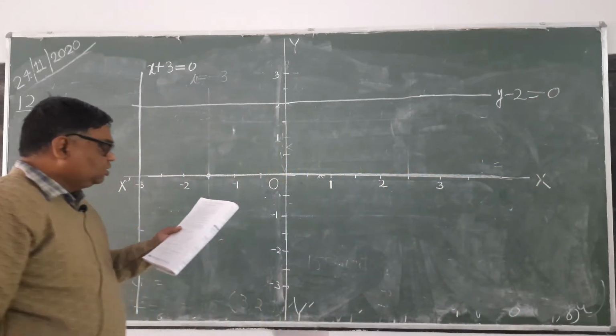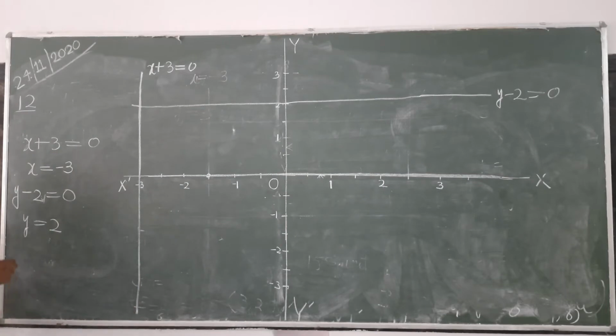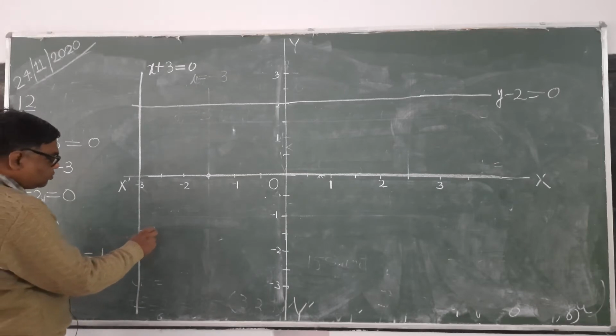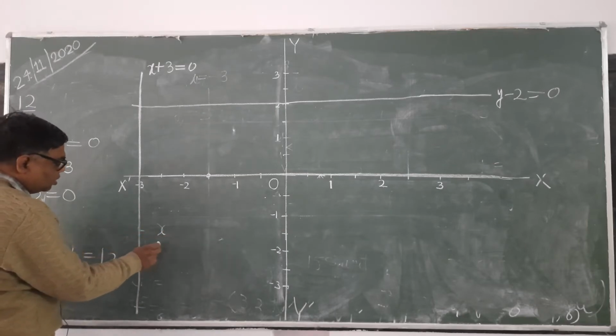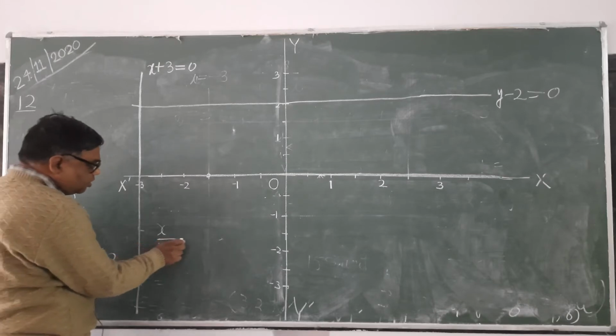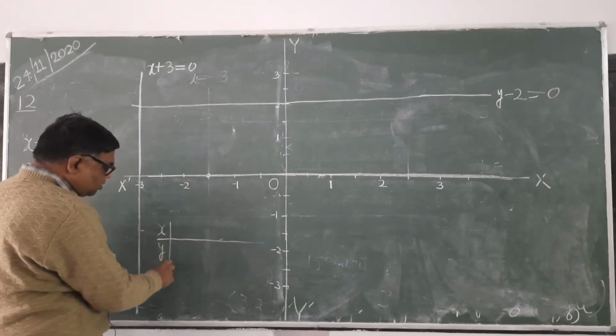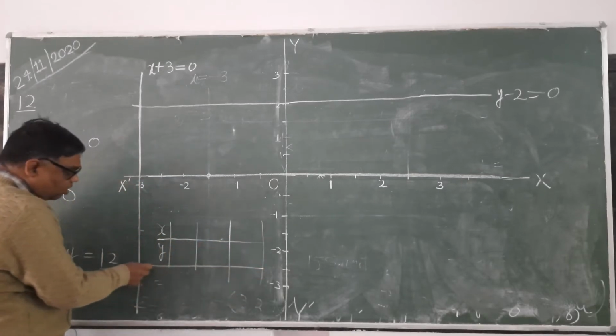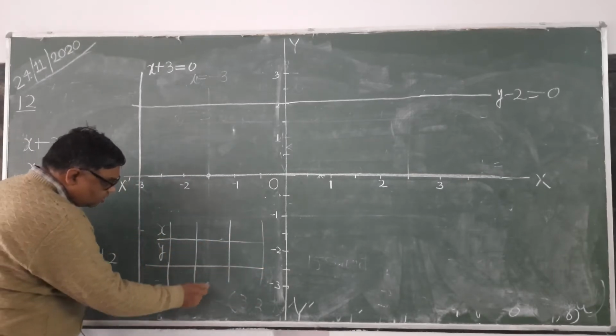And then third is 2x plus 3y equals to 12. So here you have to make the table. 2x plus 3y equals to 12. So this I am making here. Here you can take x, this is y, and this is x comma y.